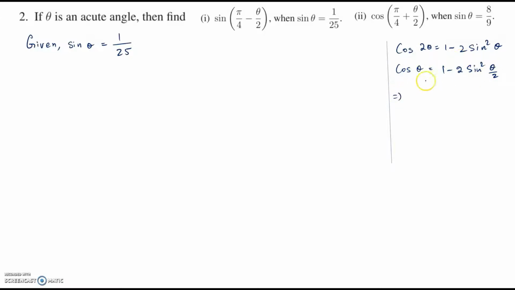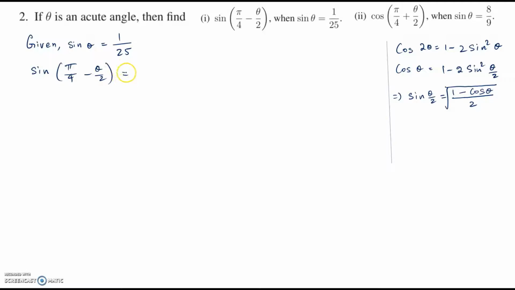So I can rearrange this expression as sine theta by 2 is equal to, let me take these two on the opposite sides, so this will be the square root of 1 minus cos theta divided by 2. Okay, so this is what we're going to be using here. Let's get here. So what we need to find is sine of pi by 4 minus theta by 2.